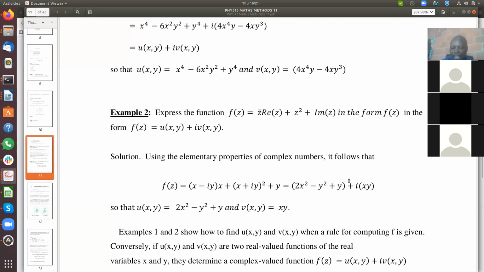By the time you expand it, you have terms that have imaginary information in them and those that don't. So you group them into two. The whole of this is your u of x, y, and the whole of this is your v of x, y. Is it clear? Yes, sir.